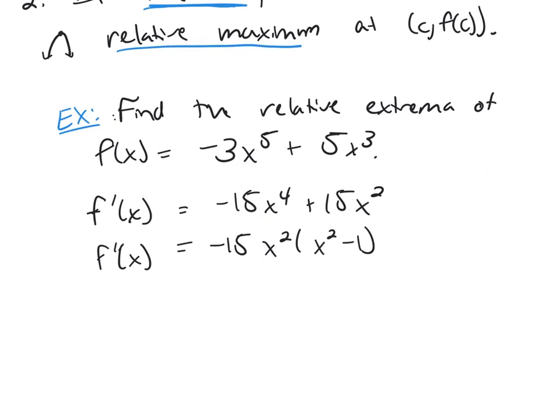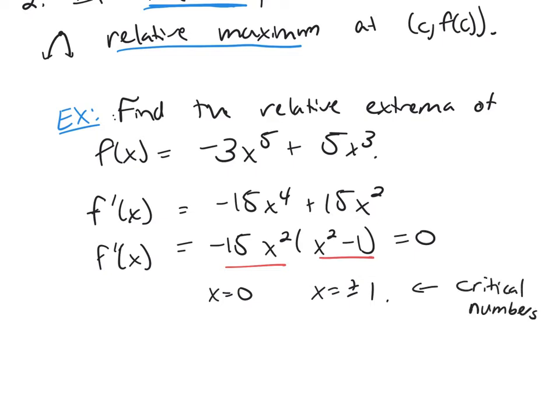So from this, I set this equal to 0. From this front part, you're going to get x equals 0. From this back part, x squared minus 1, you're going to get x equals plus or minus 1. So these are going to be your critical numbers. And because the derivative is 0 at these values, I can use the second derivative test.